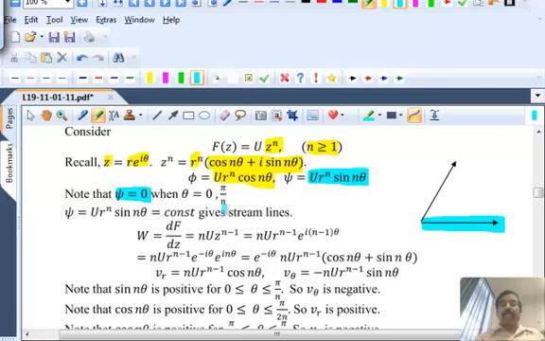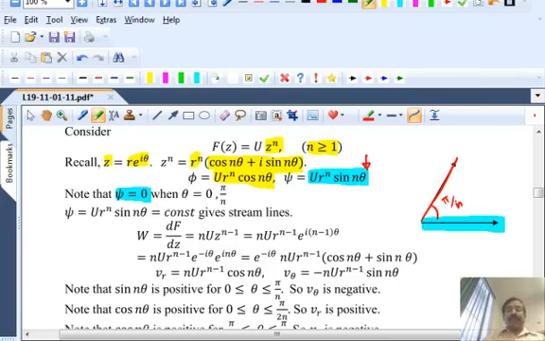And similarly, when theta is equal to pi over n, the n and n will cancel out. Sine pi is also 0. So that line will turn out to be a line like this with an angle of pi over n. So you can now give meaning to the value of n. n is a certain angle sector that is swept, where the streamline could again become 0.